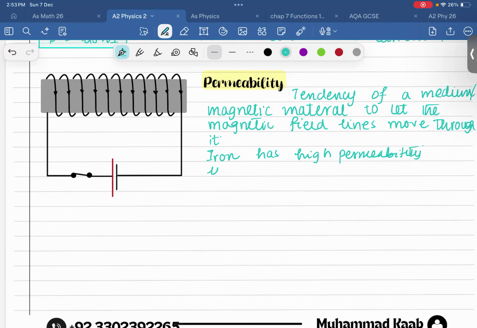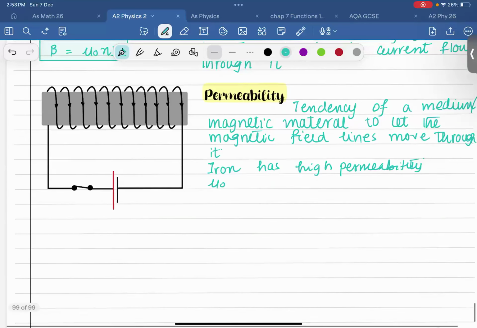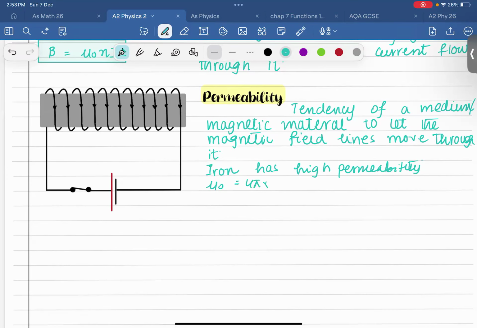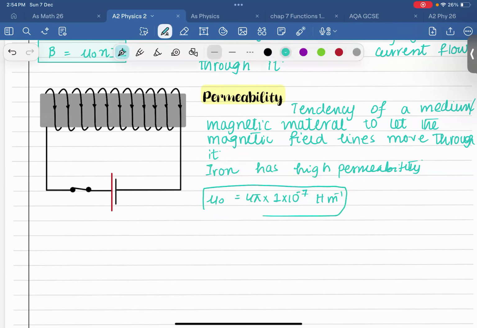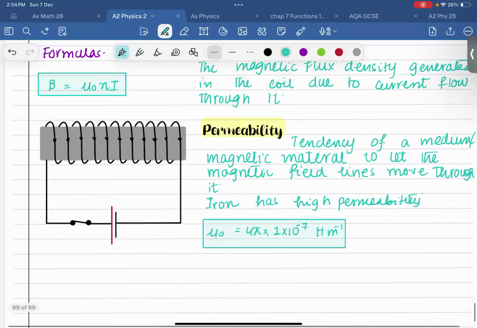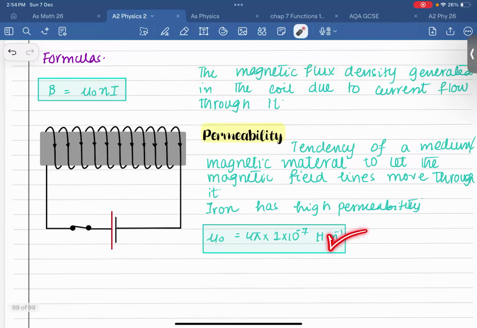By the way, mu naught has a value of 4 pi times 10 to the power negative 7. This is the value of the permeability, and the unit is Henry per meter, I think. The thing I want you to know is the permeability concept, and this value will be given on the first page of the exam.